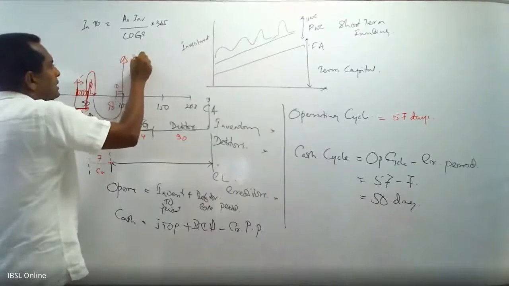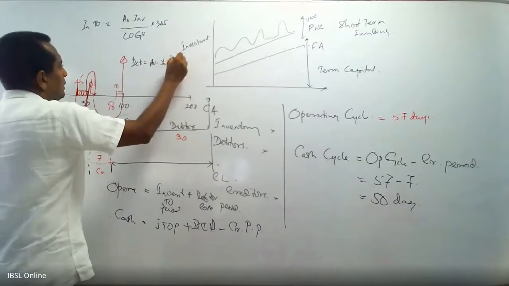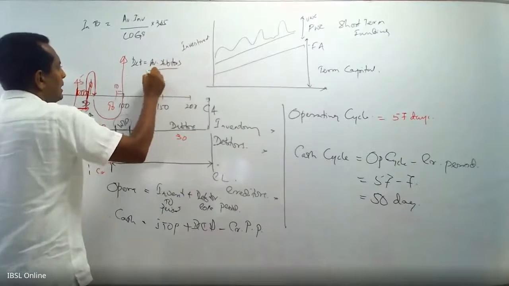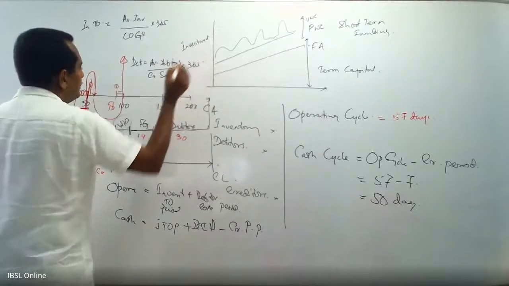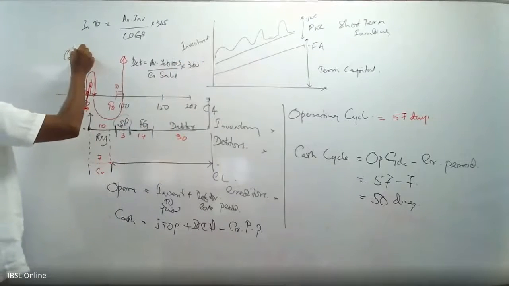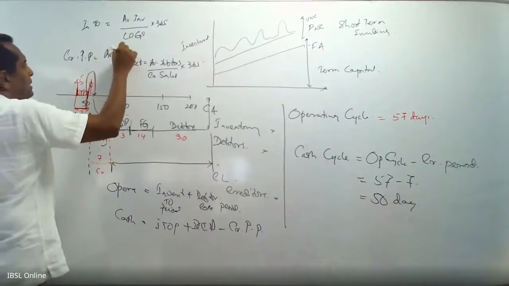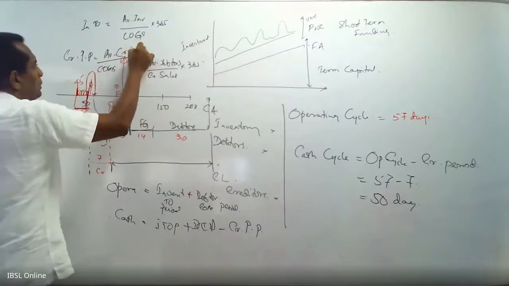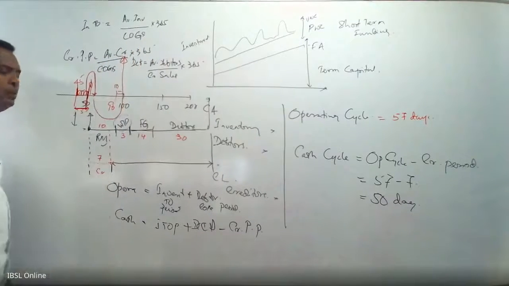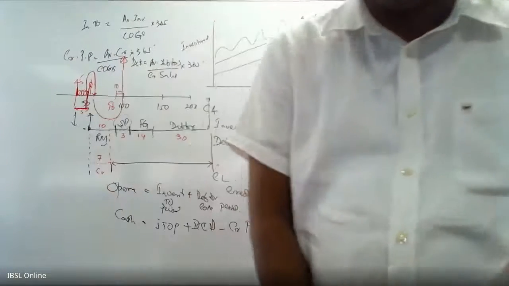Debtor collection would be average debtors divided by credit sales into 365. Creditor payment period equals average creditors divided by cost of goods sold into 365. These are the only three ratios we need to calculate working capital.